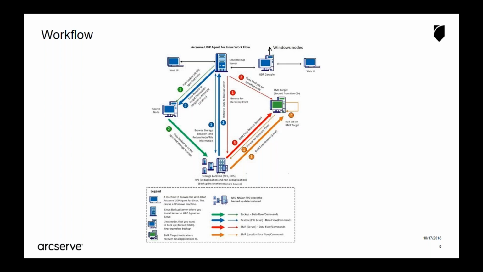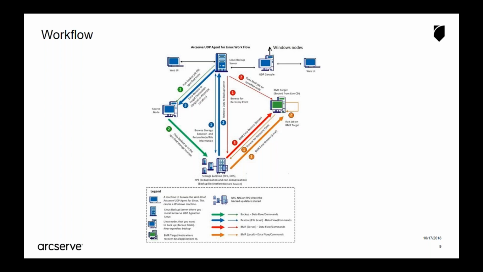When you install Arcserve UDP, you would generate a UDP live CD, which would have a slimline version of the Arcserve UDP product, which would be a bootable ISO. If you boot up your BMR target node with that live CD, you would get an IP address assigned to that specific BMR target if you have DHCP in your setup, or if not, you could give it a manual IP address.